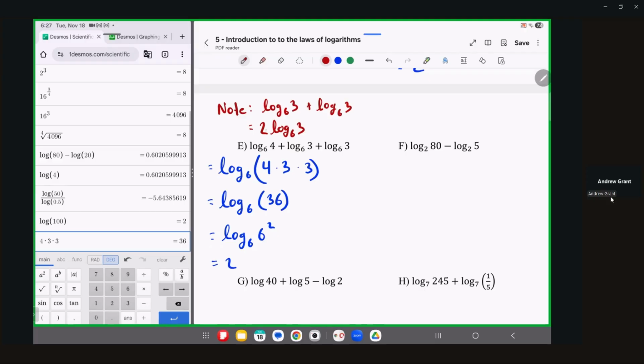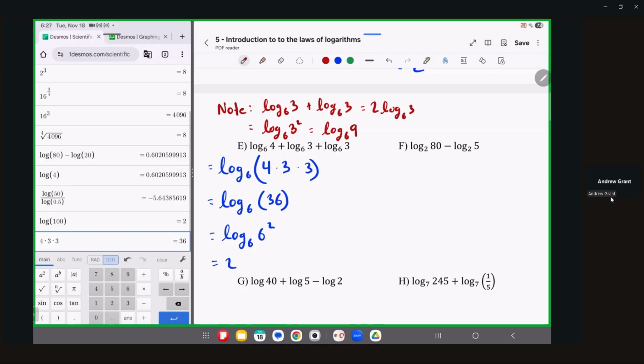But remember, we can apply the power law of logarithms to make this log base 6 of 3 to the power of 2, which is going to be log base 6 of 9. And then 9 times 4 was 36.